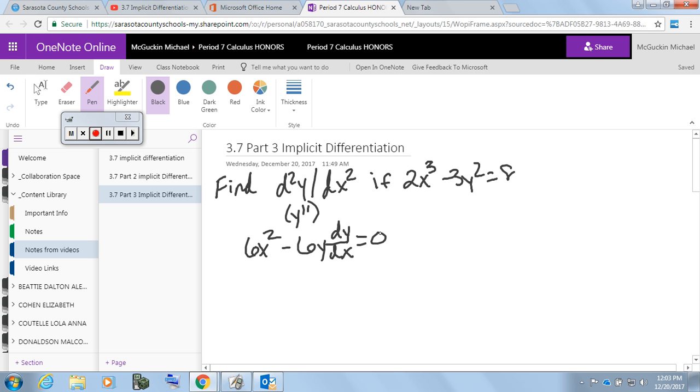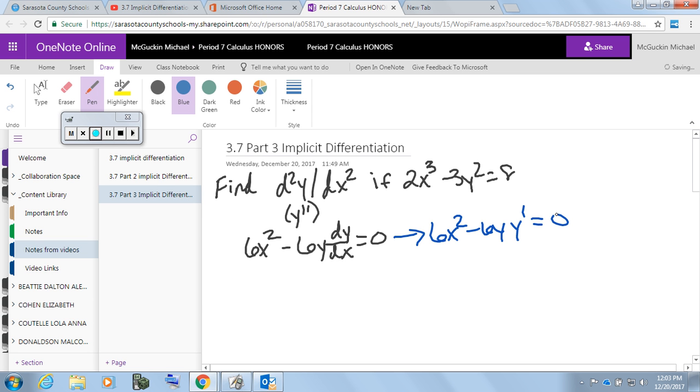dy dx is y prime, but because substitution is going to be involved later on, I think it's going to be easier to see using y prime and y double prime versus dy dx. So I'm going to make a quick switch and just say this is 6x squared minus 6y times y prime equals 0. And now we're just going to solve for y prime.